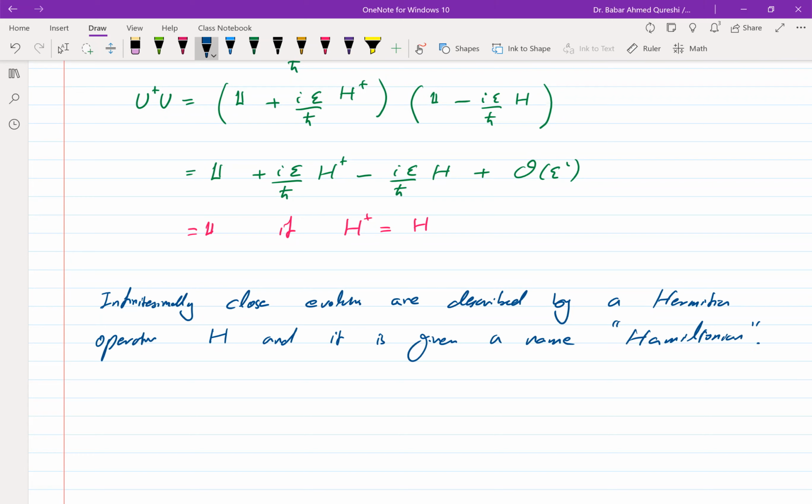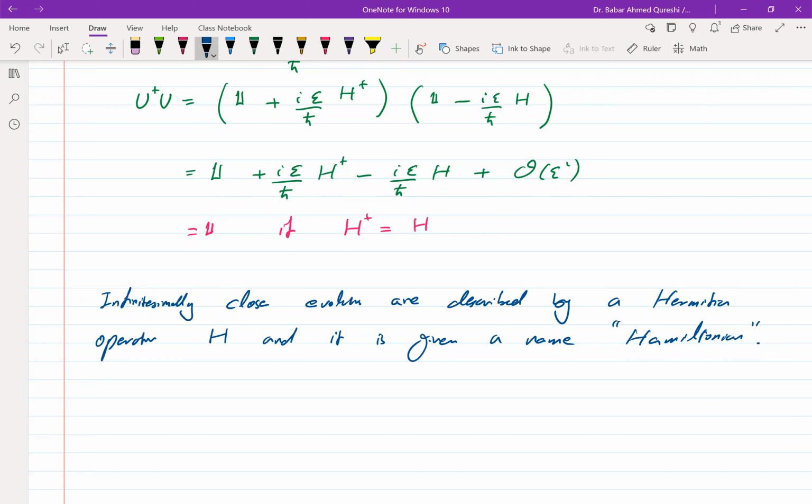We will see in a minute that actually finite evolutions can also be described by this H. So to give the evolution law, you have to give this unitary operator, but it's equivalent to giving this Hermitian operator, which is the Hamiltonian. So it's up to the system what evolution describes it.